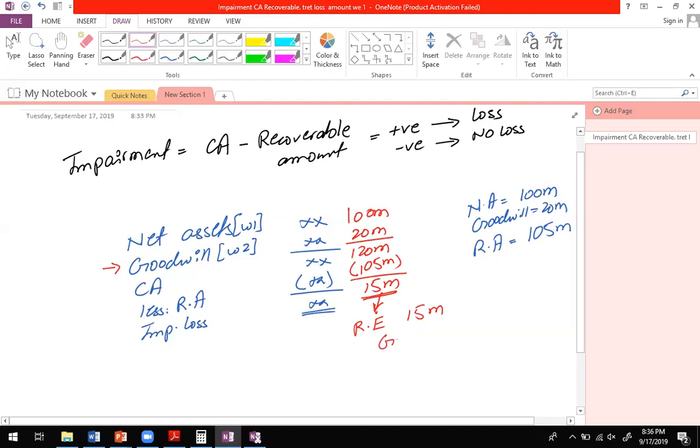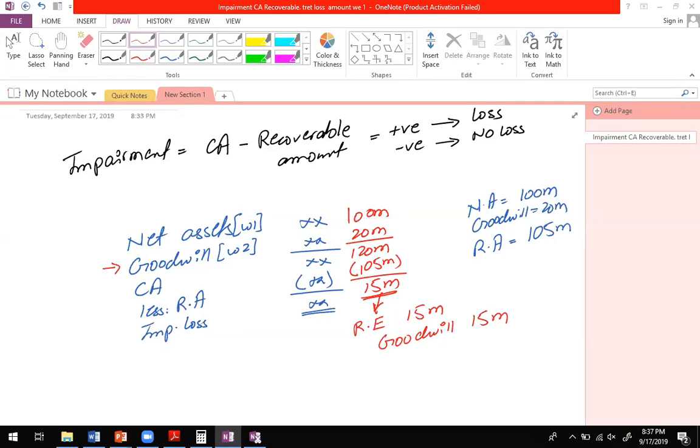So the entry is going to be retained earnings debit and goodwill credit by $15 million. Yes, Dool is also right. So this is how we actually recognize the impairment loss.